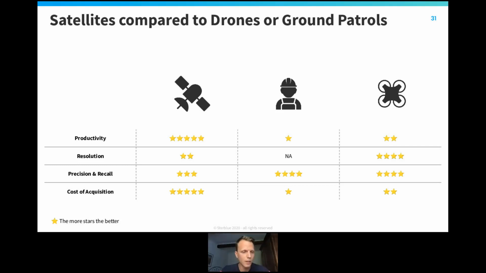And so the satellites, thanks to this feedback loop, are able to cope with most of those misses by having models which improve over time. But it's true that the resolution is at the limit of what some utility companies are looking for. And the last one is cost of acquisition, where thanks to its productivity and having automated vegetation detections, satellite is clearly a better solution for vegetation analysis.